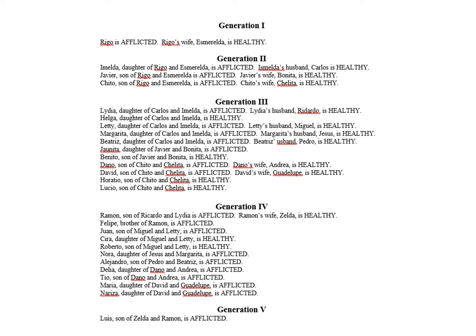of room and spread it out. But basically, once again, if they're afflicted, then you have to blacken in the whole square or circle. So if Rigo's afflicted, he would be blacked in, but his wife is healthy, so she's not. Okay, and then you basically would connect those.